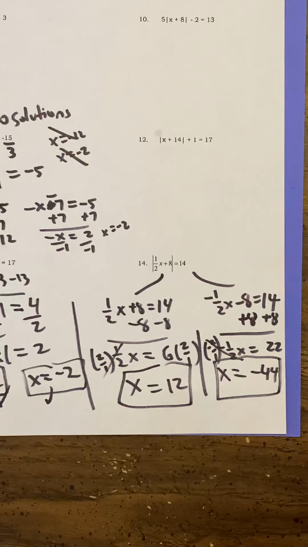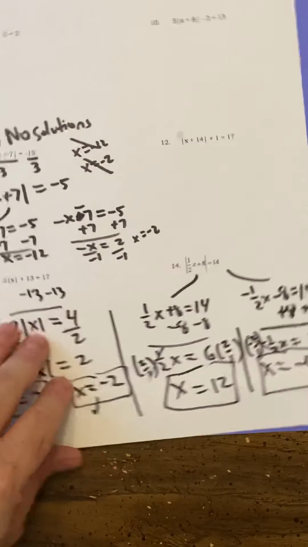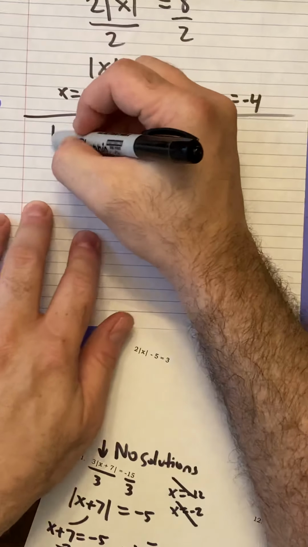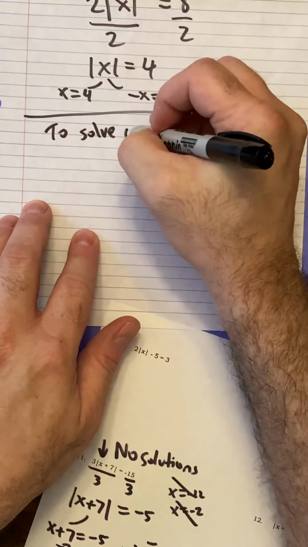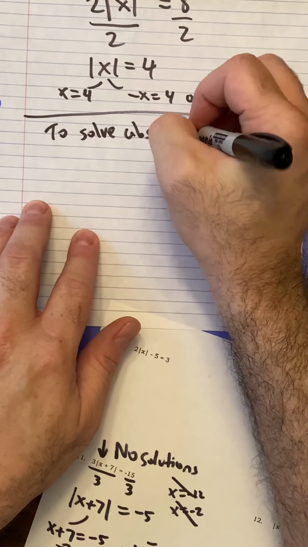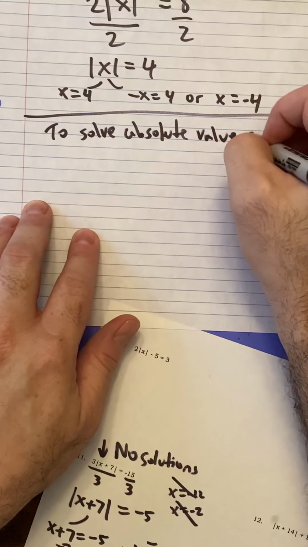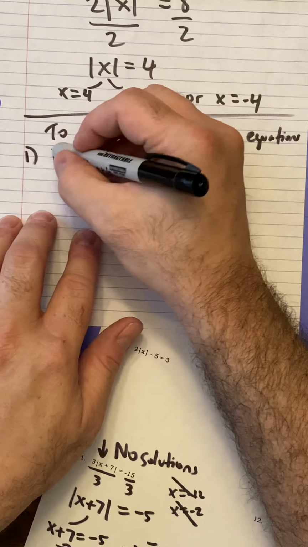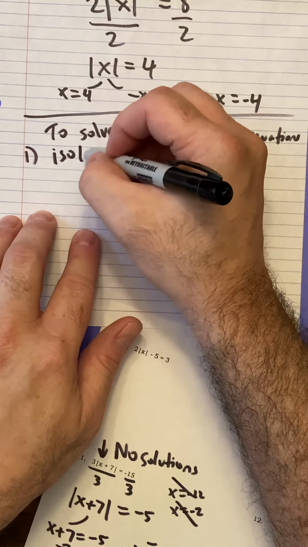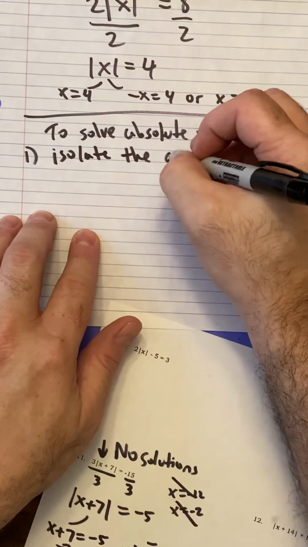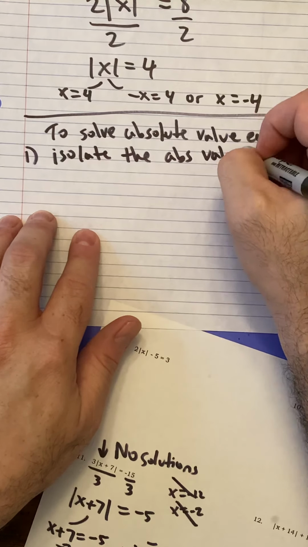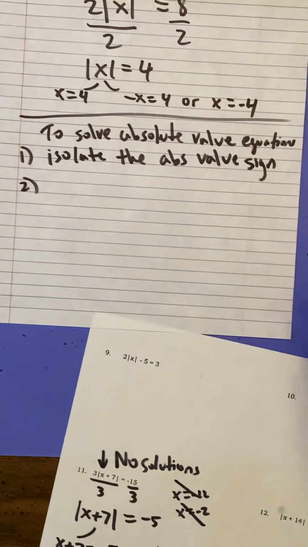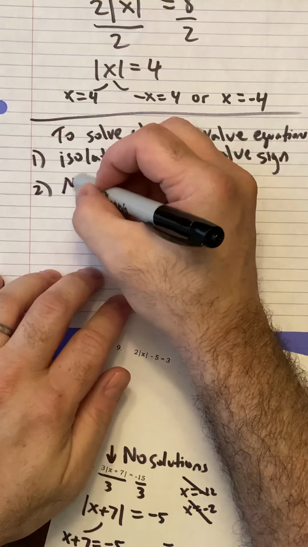And let me just make a quick summary for you of how you solve absolute value equations, okay? So here we go. To solve absolute value equations, the first thing you want to do is isolate, by getting it by itself, the absolute value sign, everything in the absolute value sign. Once you've done that, you're going to make 2 equations.